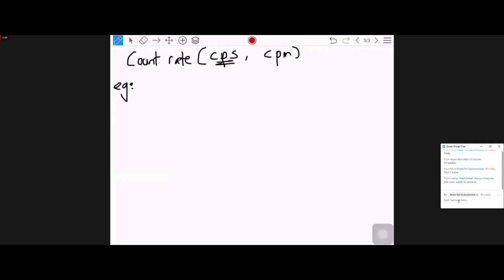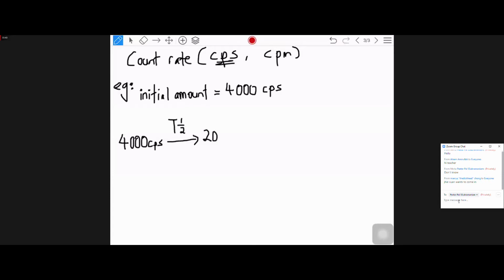Let's say the initial amount is given as 4,000 counts per second. After the first half-life time frame, the remaining balance will be 2,000 counts per second.